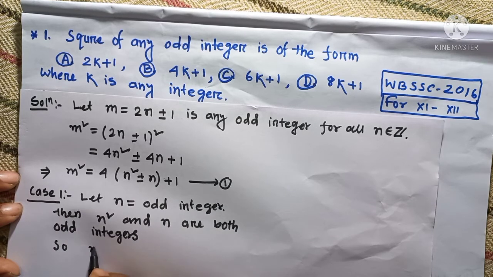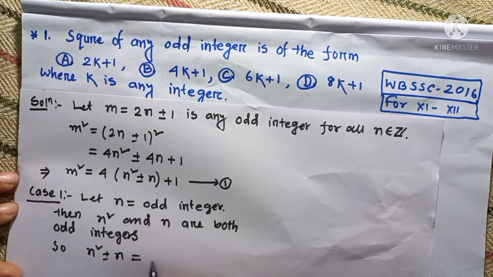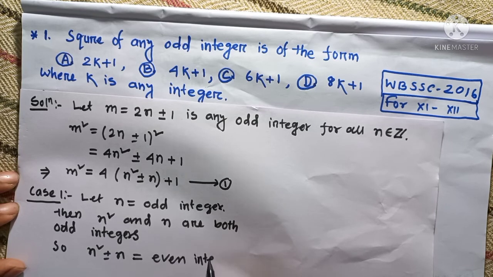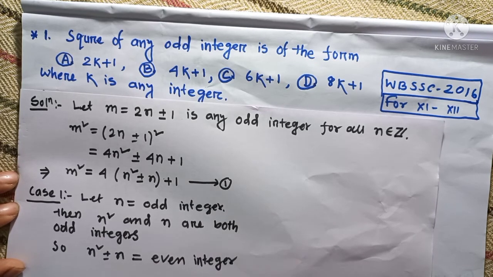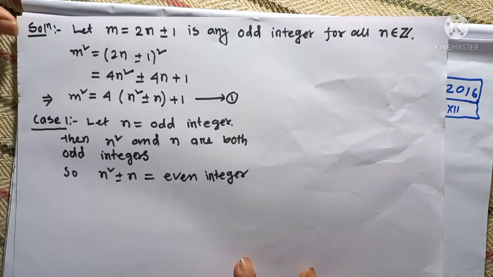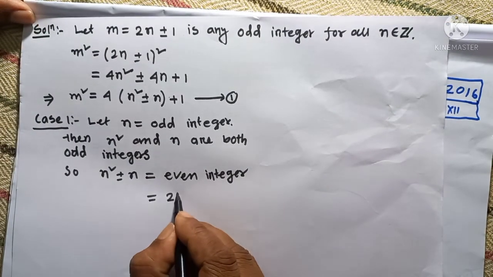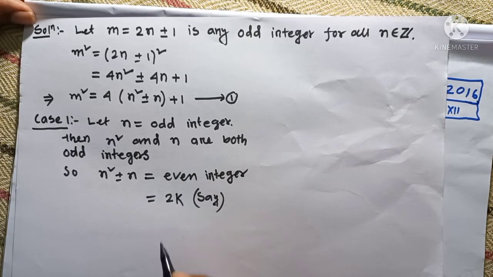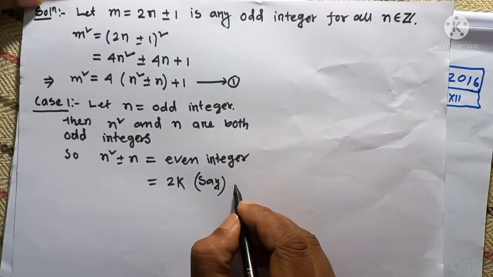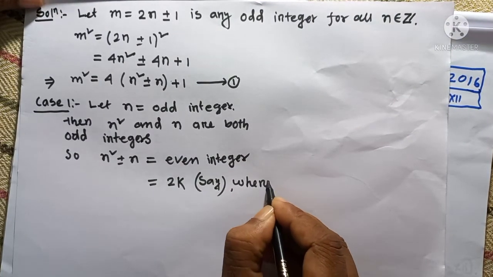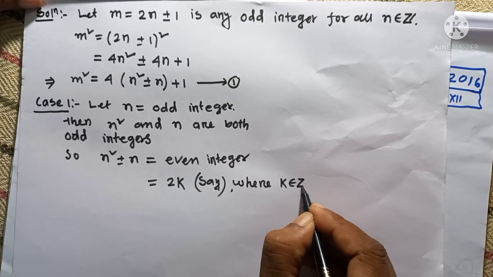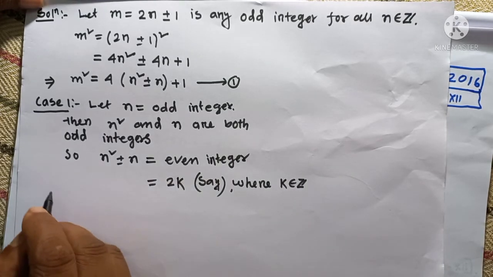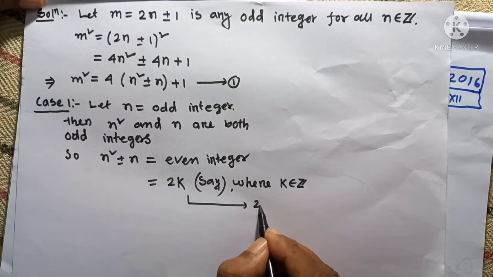So n square plus minus n equals an even integer, equal to 2k say, where k belongs to the set of integers. This is 2.